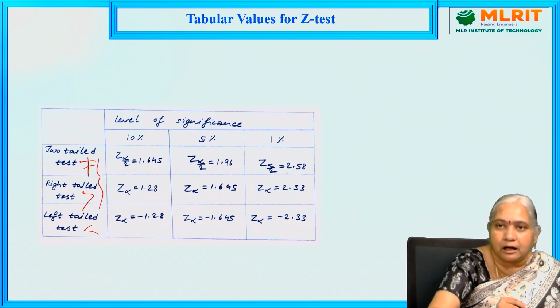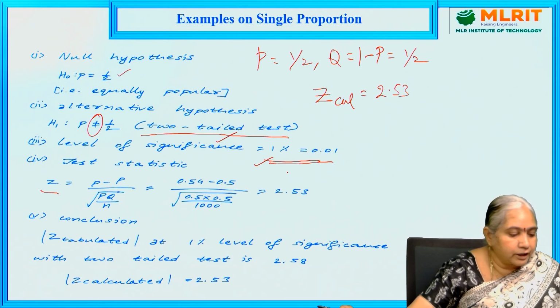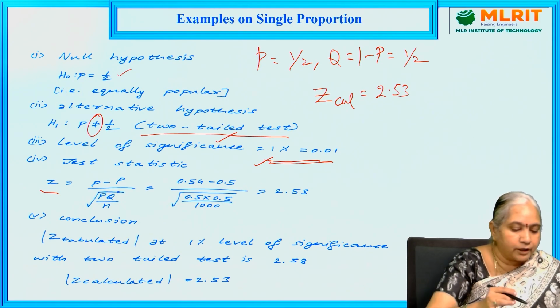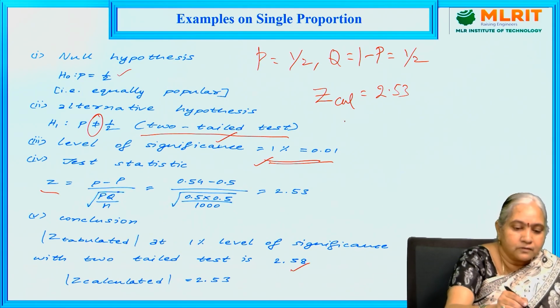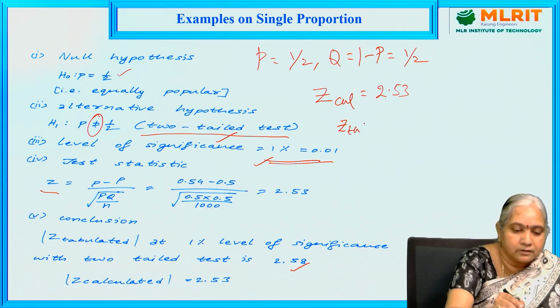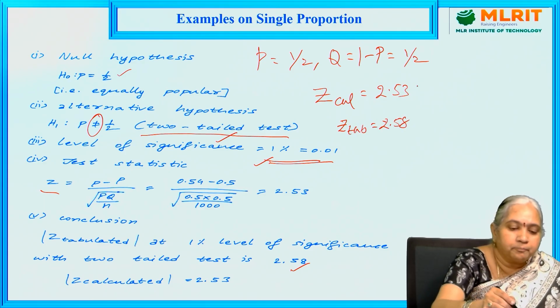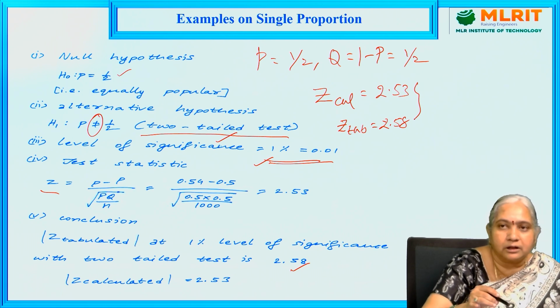So this is the tabular value. Now we consider the tabular value 2.58. Now compare the calculated value with the tabular value.